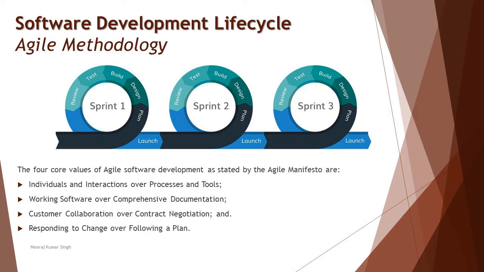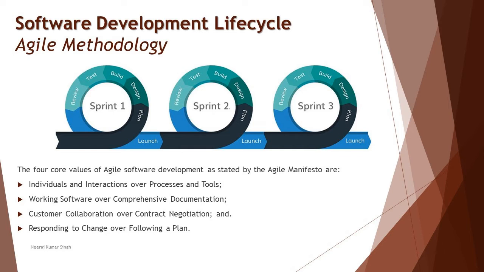So the most important thing to first talk about in the core values is giving importance in Agile to the individuals who will be forming the Agile team, and their interactions are very important when compared to the process and the tools. We don't heavily rely on them. They are just substitutes to assist you, but not something you heavily rely on. Point number two is working software over comprehensive documentation.